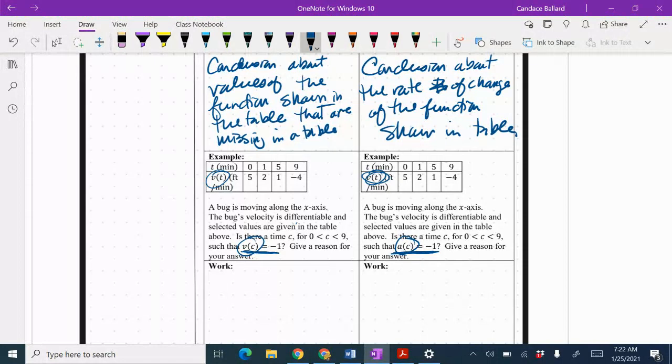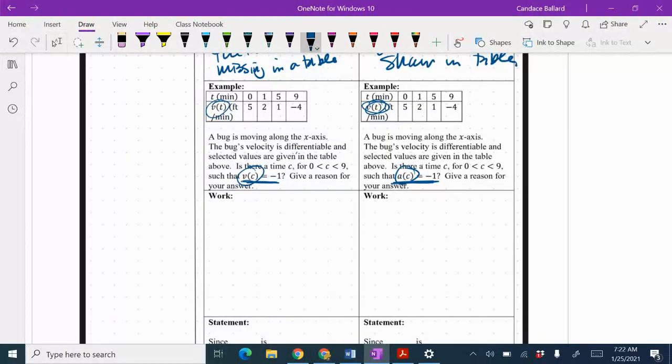So the work that we would do is, you would want to state that V is differentiable, which implies that it's continuous. You can use these little arrows, that means implies, continuous on 0 to 9. And then once I have that, I know the intermediate value theorem applies.